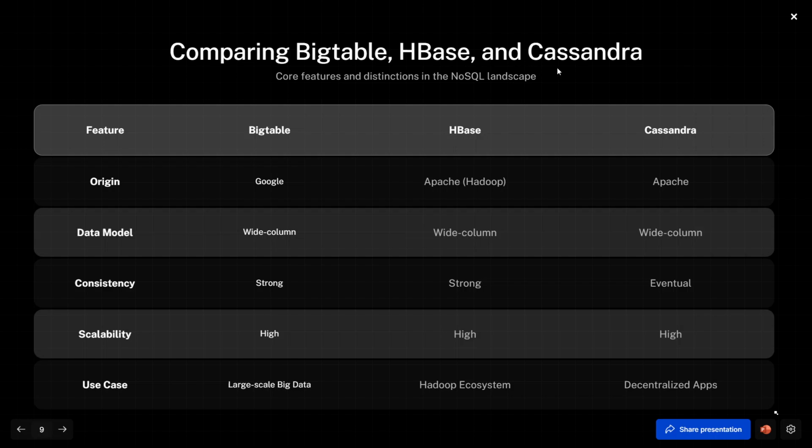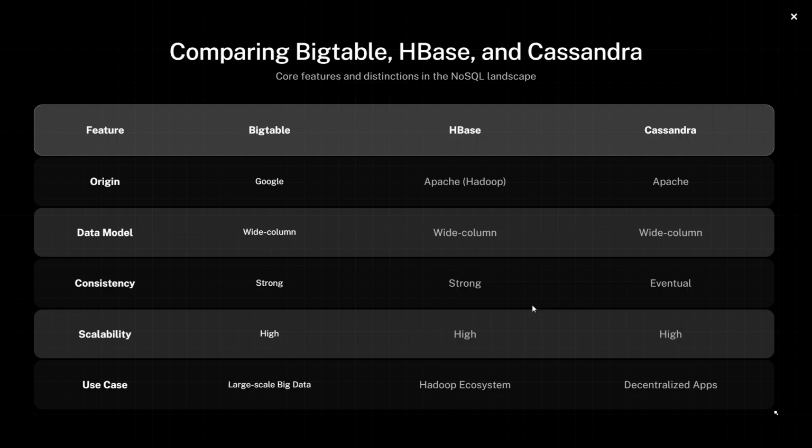Comparing Bigtable, HBase and Cassandra. Bigtable's design inspired many open source NoSQL databases.